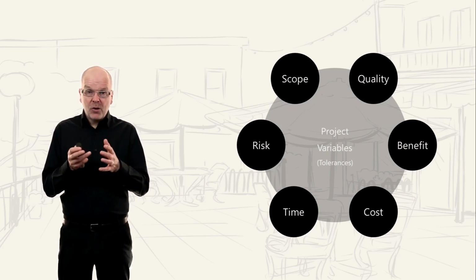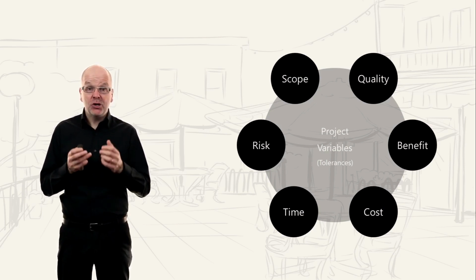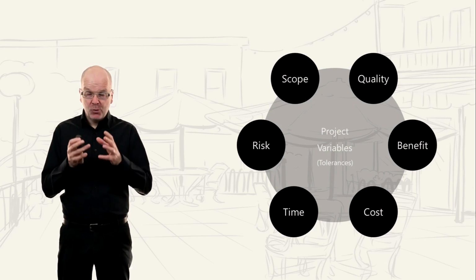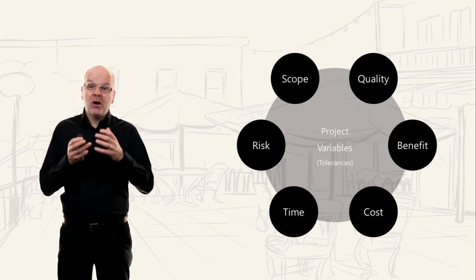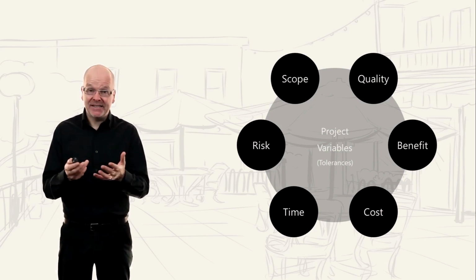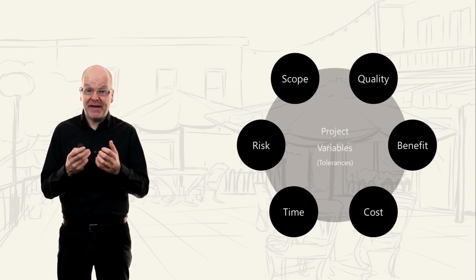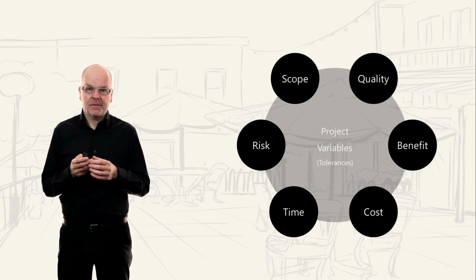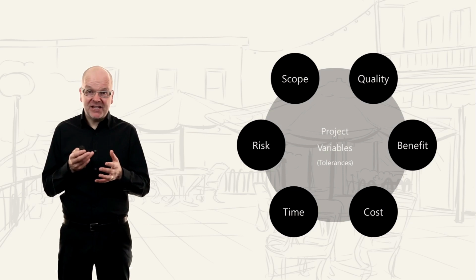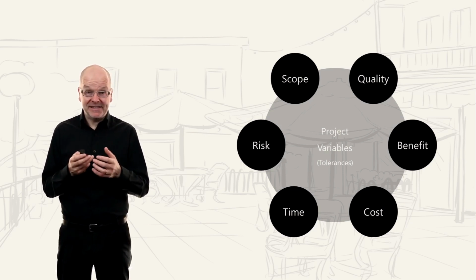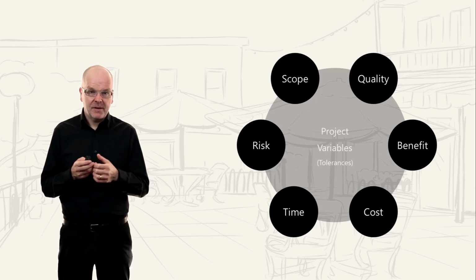Well, the scope must be well defined, and care must be taken by the project manager to avoid scope creep, which is to allow new low-value requirements to be added during the project or to creep into the project. Quality? Quality is checking that products are passing the quality tests and meeting the quality requirements as defined. The other 2 tolerances are risks and benefits, but I will explain benefits a bit more.